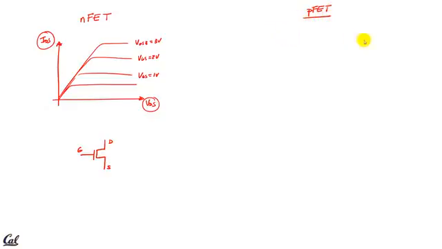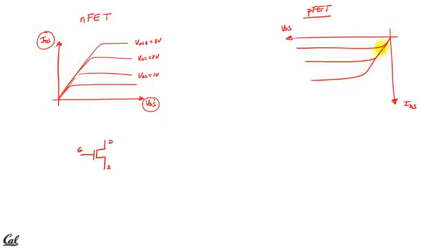And there, it's like the dual. So here we're going to have VDS again, and here we're going to have IDS, but notice these are all going to be negative numbers. So VGS has to be a negative number.